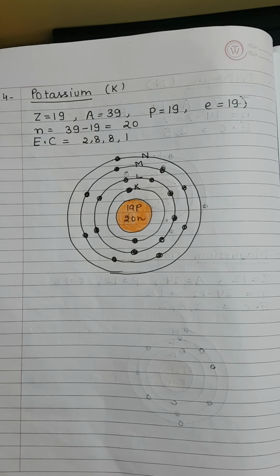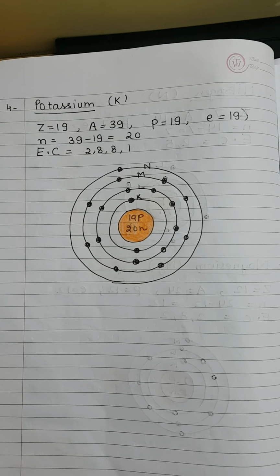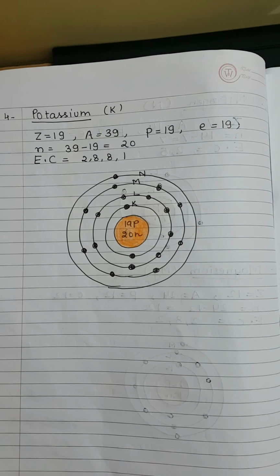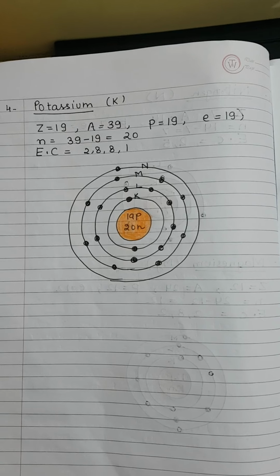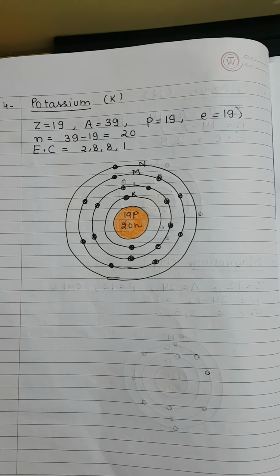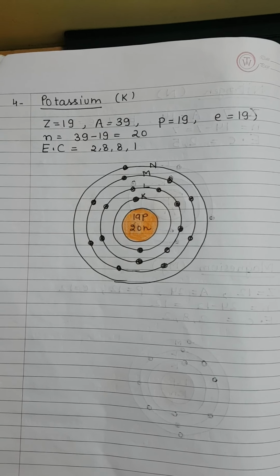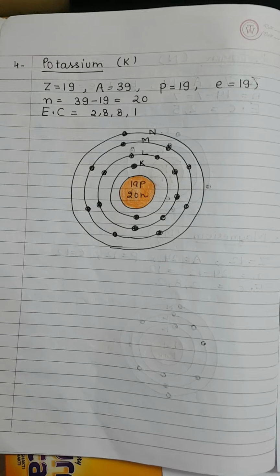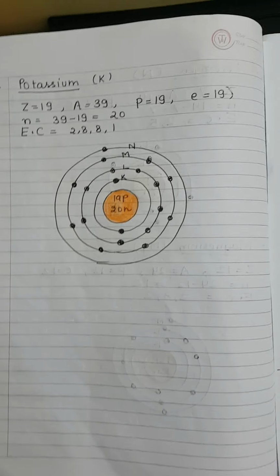You cannot write like this, 2, 8 and 9. No, 2, 8, 8, 1. That means 4 shells are present. So in the K shell 2 electrons, L shell 8 electrons, M shell 8 electrons and in the N shell 1 electron. Total 4 shells are present.